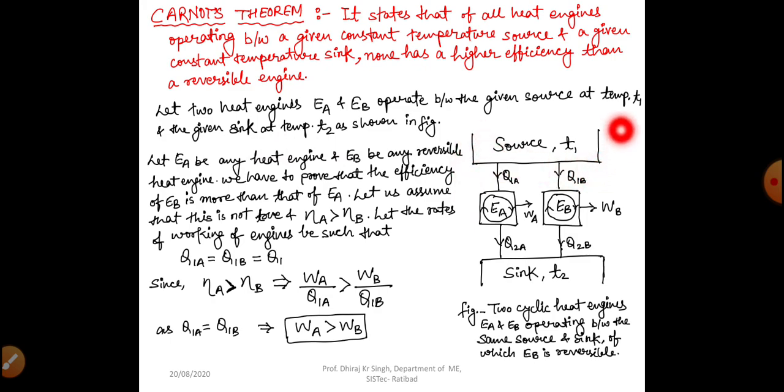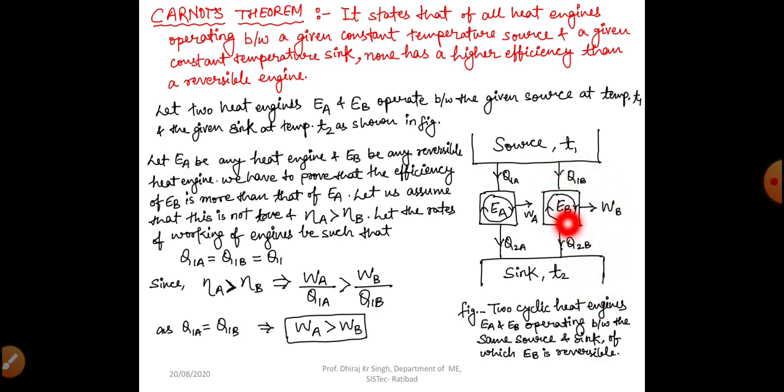So here it is source T1 and here it is sink T2, and we have 2 engines, that is one heat engine A and one heat engine B. Heat supplied to heat engine A is Q1A and heat supplied to heat engine B is Q1B, and heat rejected is Q2A from heat engine A, and heat rejected Q2B from heat engine B. Net work from heat engine A is WA and net work from heat engine B is WB. So 2 cyclic heat engines EA and EB operate between the same source and sink, of which EB is reversible.